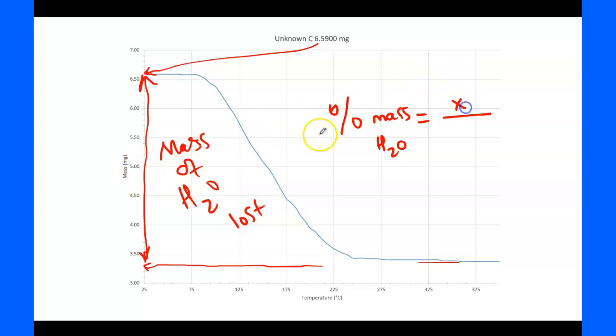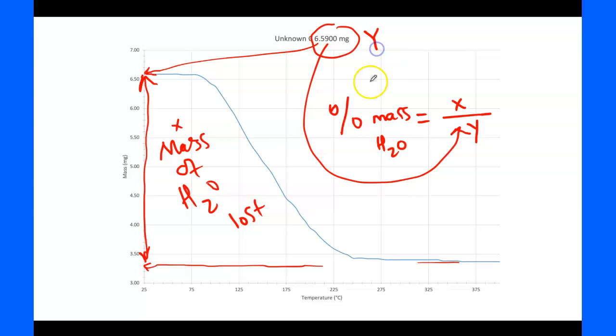Let's call this X, divided by the original mass of the hydrate. The original mass of the hydrate was Y. Then you multiply that by 100. That's going to give you the accepted percentage value of water.